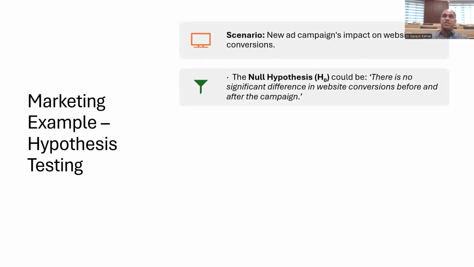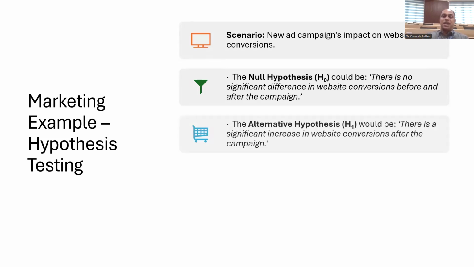In this case, the null hypothesis, H naught, could be there is no significant difference in the website conversion before and after the campaign. The alternative hypothesis is there is a significant increase in the website conversion after the campaign. Now we can decide which test is applicable for this hypothesis testing.